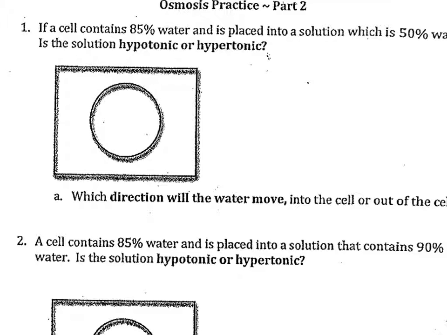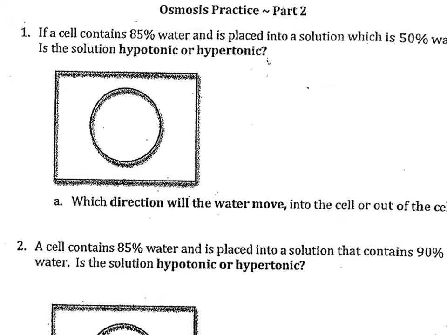So let's read our first question here. If a cell contains 85% water and is placed in a solution, which is 50% water, is the solution hypotonic or hypertonic? So remember, it's asking here, and I like to even highlight so I know exactly what I'm trying to solve.